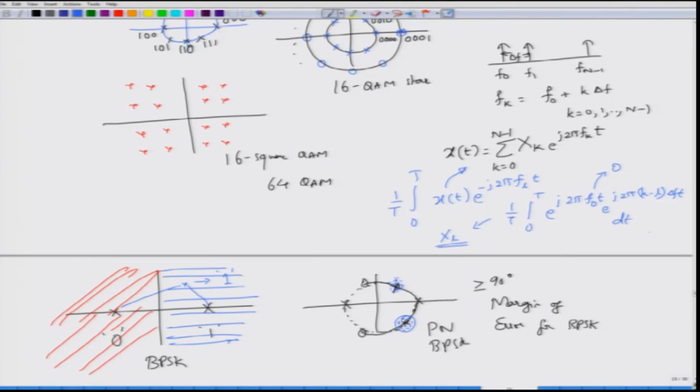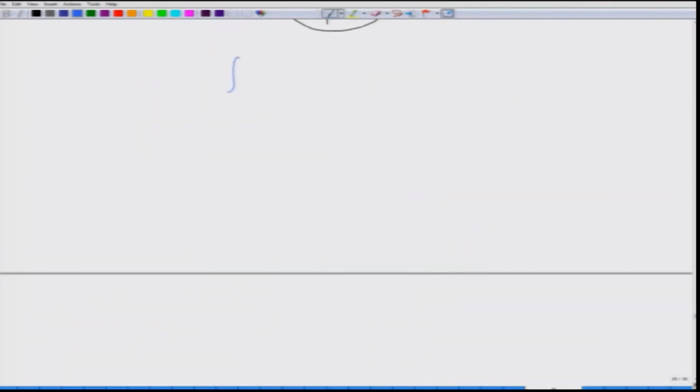That will happen when you look at the orthogonality of the basis signals, which are e^(j 2 pi f_k t). Recall the integral of e^(j 2 pi (k minus l) delta f t) dt.